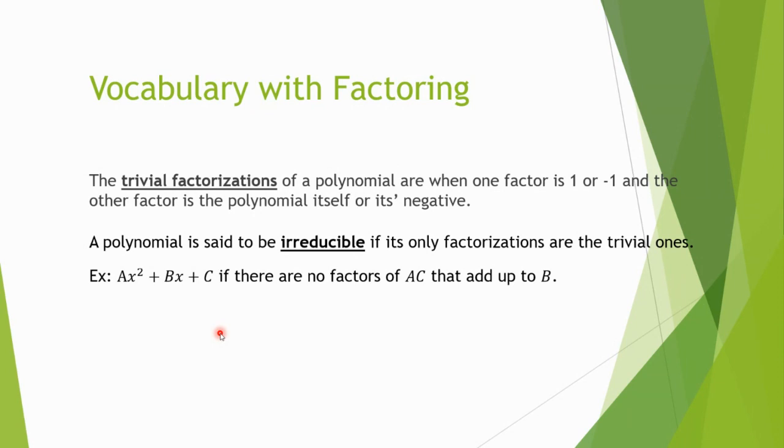And just like with integers, there are certain numbers that you can't factor besides the trivial way. And so there are polynomials whose only factorizations are the trivial ones. We say those are irreducible. You can get examples where the AC method doesn't apply, meaning there are no factors of A times C that add up to B. That's a little general, I know.